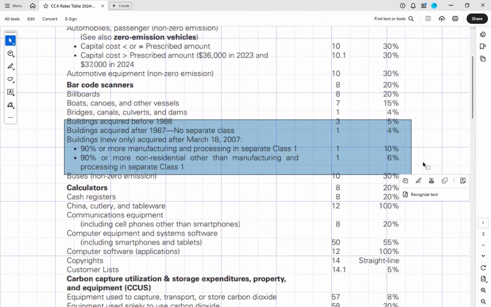If the building was bought before 1988, it would go into class 3, and would get 5%. That was a long time ago. Anything after 1987 goes into class 1, 4%. But if you notice below that, there's also a 10% and a 6%. And these were new amounts that were added for buildings acquired after March 18th, 2007.